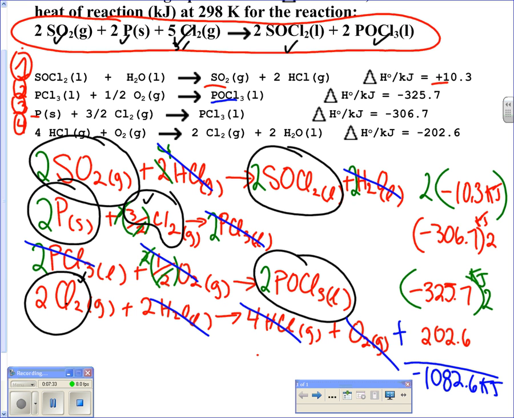Because delta H is a negative value, I know that this is an exothermic reaction. That's how you do Hess's law.